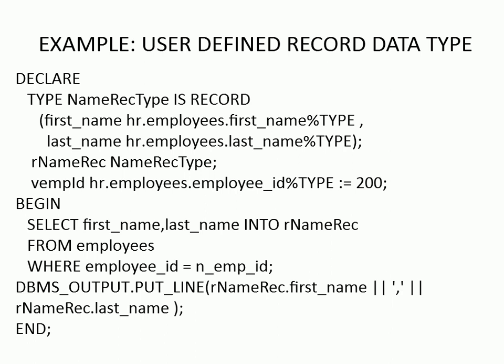After that, we are declaring a variable v_emp_id of anchored type of employee_id of the employees table. In the executable part, we are assigning values of first name and last name of employee ID 200 to our name_rec record variable and printing its individual column values.